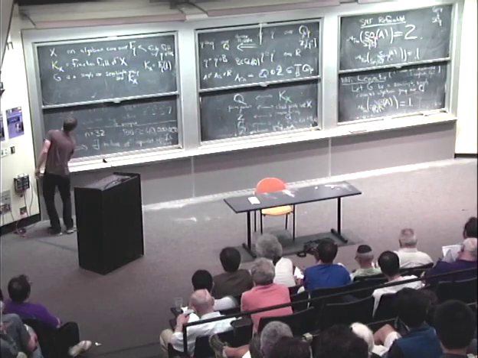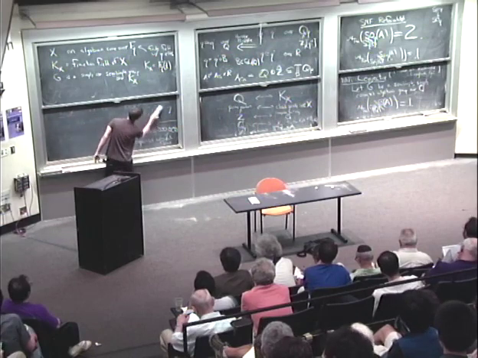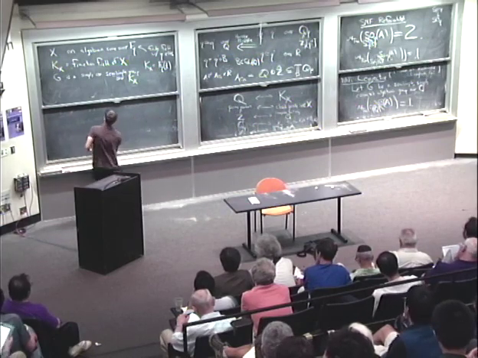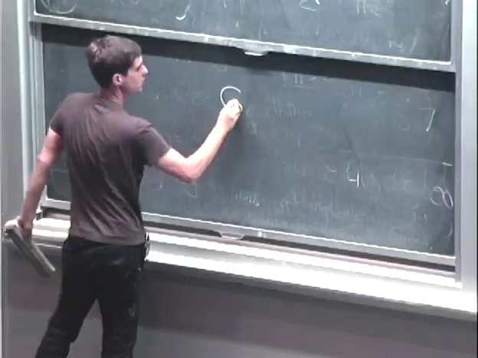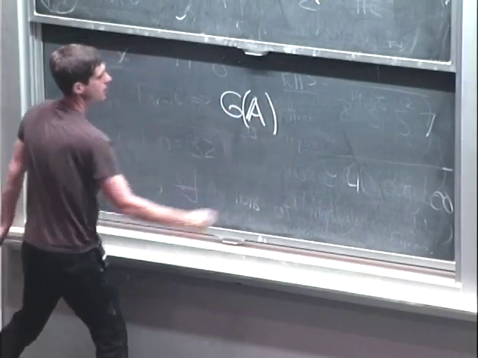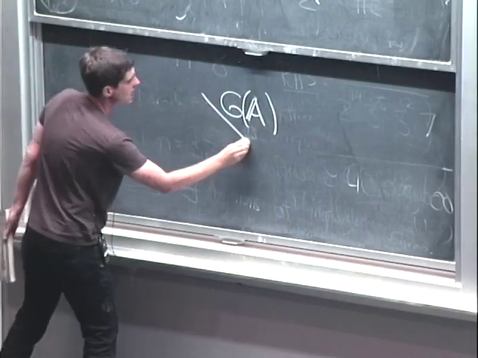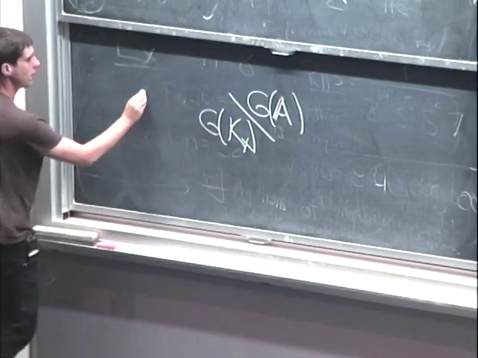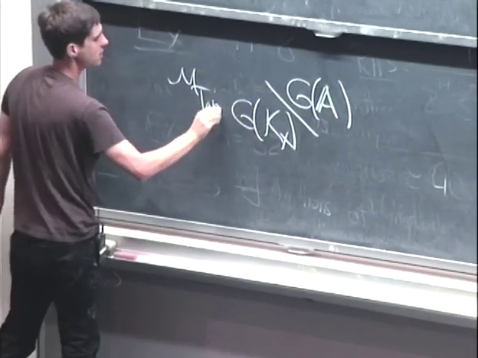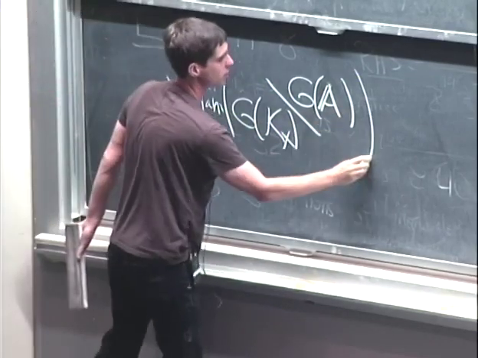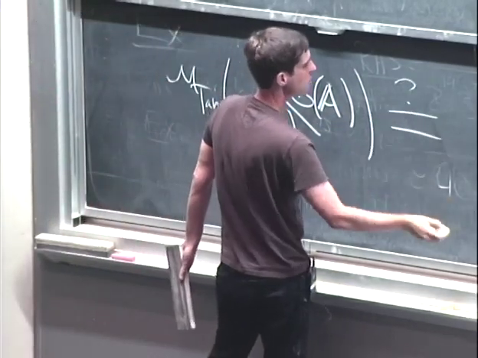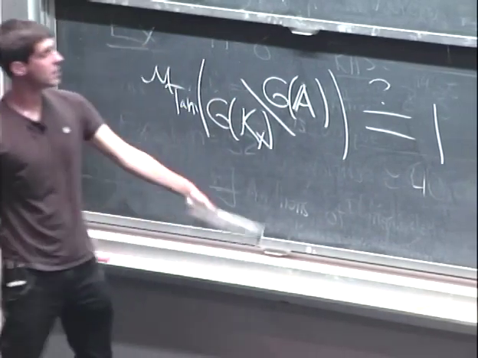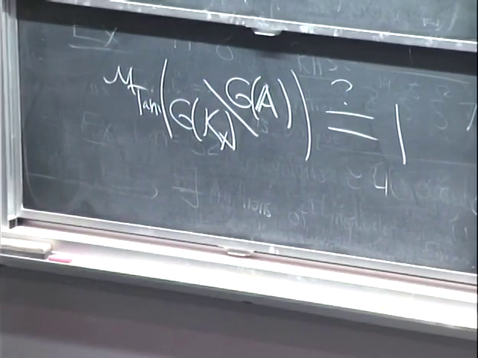There's a canonical measure that you can define on the group G of the adeles. And G of the adeles contains G of the fraction field K_X as a discrete subgroup. And you can ask, what is the measure of this quotient? And the function field analog of Weil's conjecture would say that this should be equal to 1.